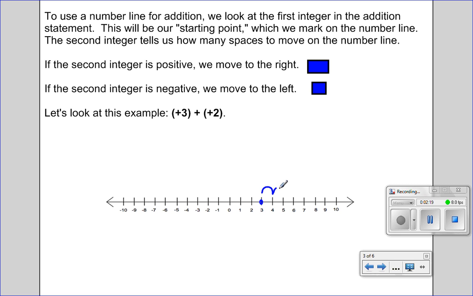So 1 and 2. And you can see we've stopped at positive 5. So that means our answer is, put right here, equals positive 5. Just like that.